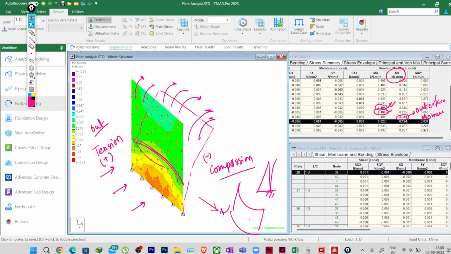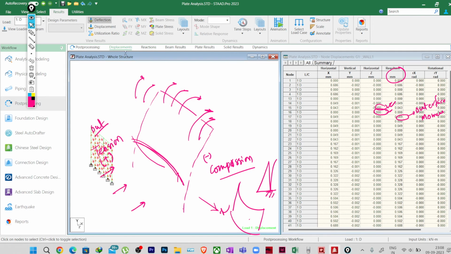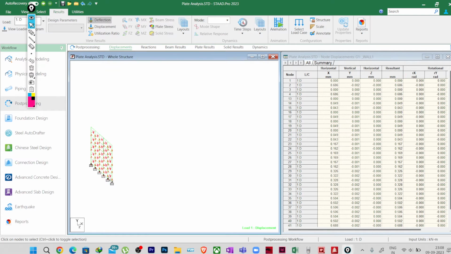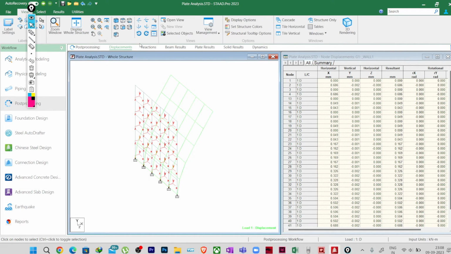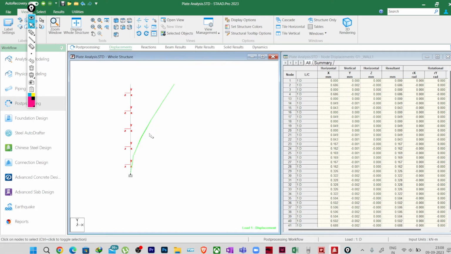So if I just go to displacement, let me clear this and increase the deflected shape. You can see this is the deflected shape. There is hardly any bending along the x direction. Actually, if I see this other face, hardly any bending along the x direction.